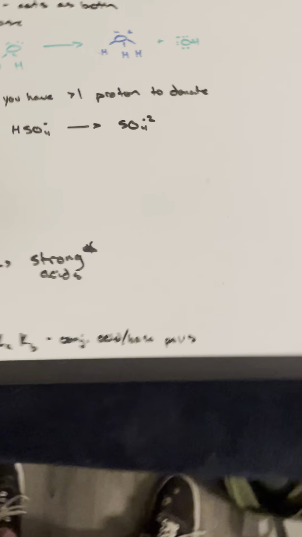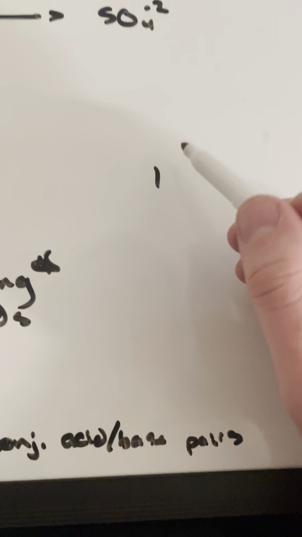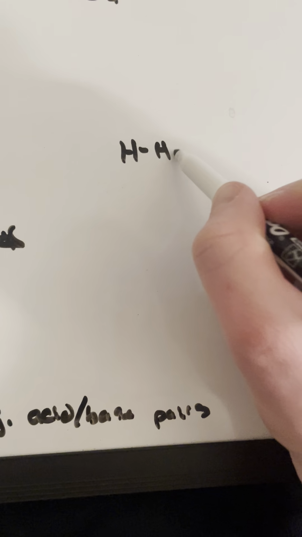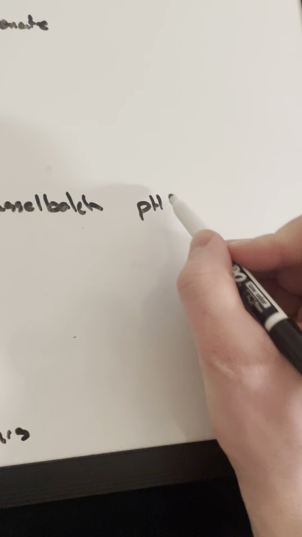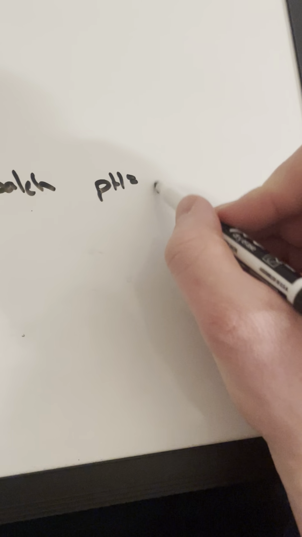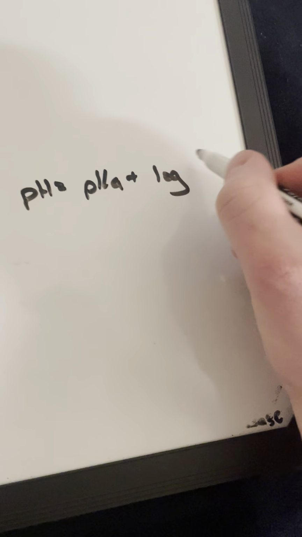And then we'll go over to Mr. Henderson Hasselbalch. And this one is going to be pH is going to be equal to pKa plus the log of the base over acid.